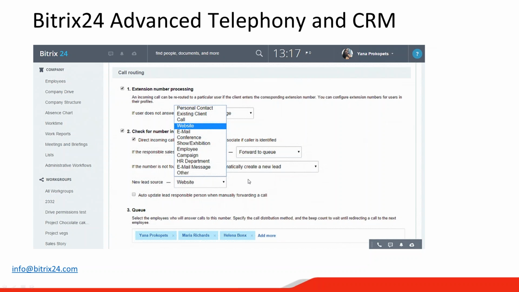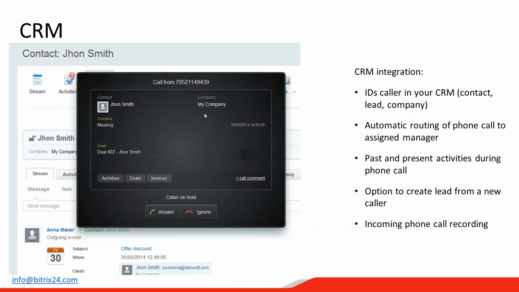What that means is if a call comes in from an unknown number on this telephone line, then we know that it is, in this case, from the website. Okay, and that information will show up when the call comes in.